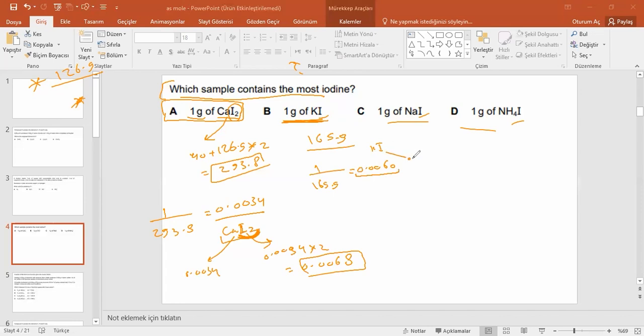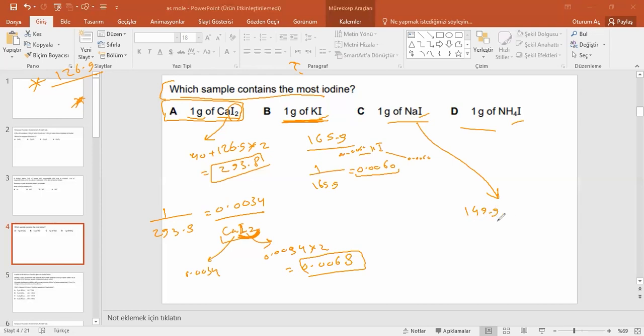then we have 0.0060 KI and 0.0060 K. Okay, moving to the next one. NaI, the molar mass of NaI is 149.9.